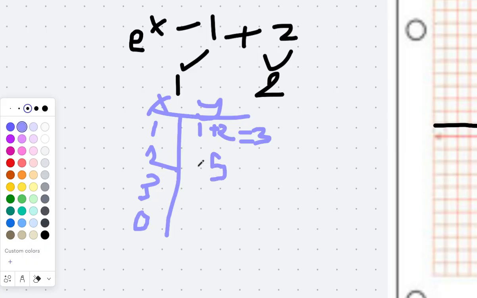Then 3 minus 1 is 2, so e to the power 2 is about 7.3, plus 2, that's about 9.3. E to the power negative 1 is 1 by 3, and adding 2, we get 2.3.